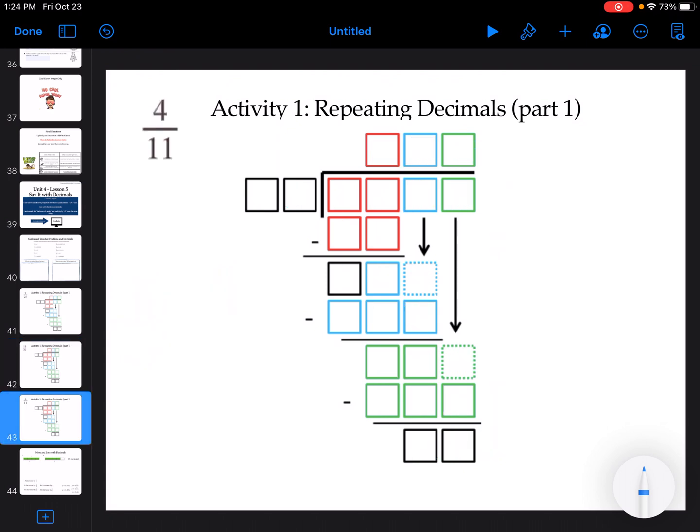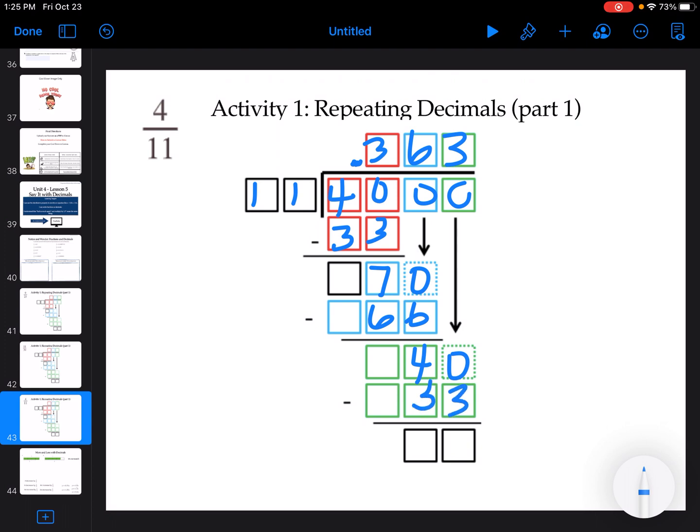So the last one we're going to do is 4 divided by 11. I'm going to add my decimal point and I'm going to add my zeros. So 11 goes into 40, let's see here, 3 times and I get 33. So I'm left with 7. Bring down my 0. 11 goes into 70 6 times. 6 times 11 is 66, and I'm left with 4. Bring down my 0. 11 goes into 43 times.